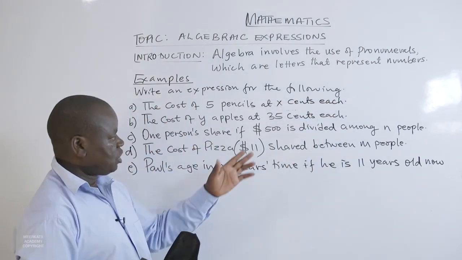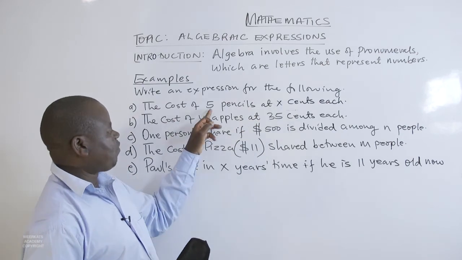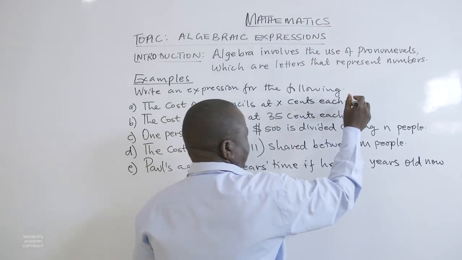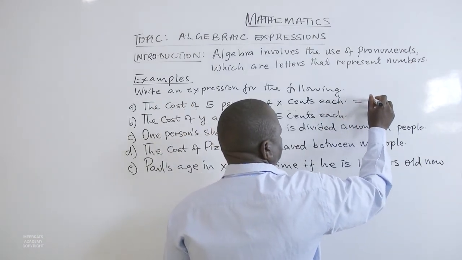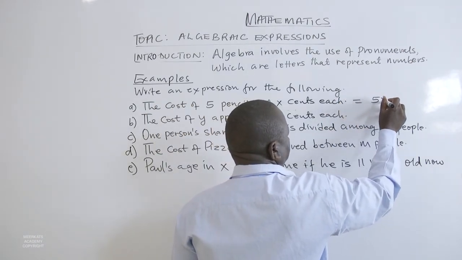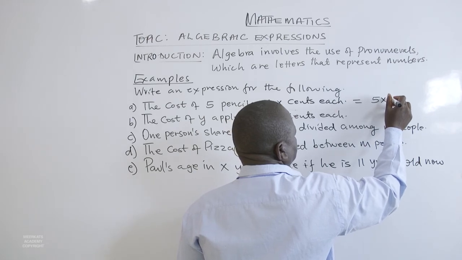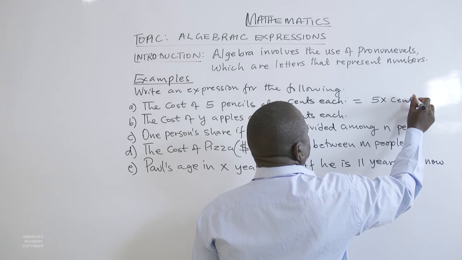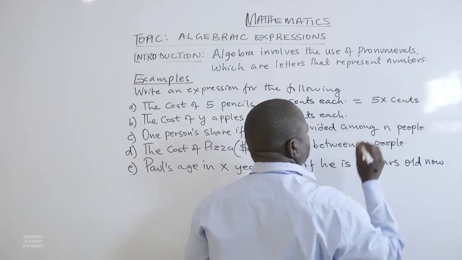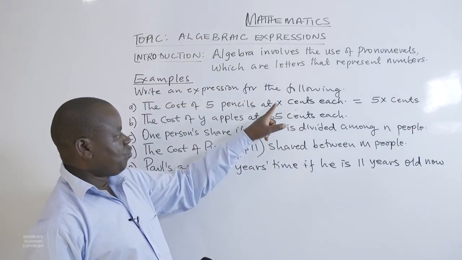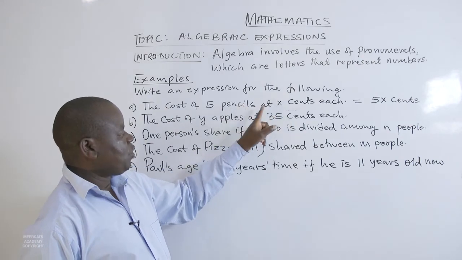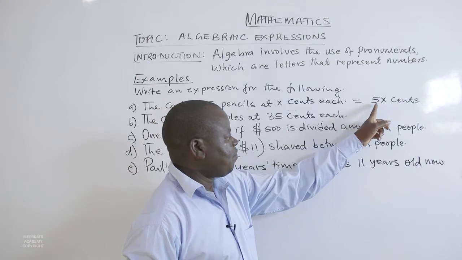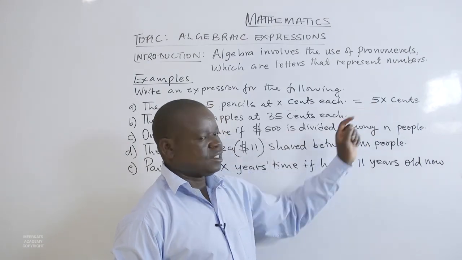One pencil costs X cents. So if they are 5 and one costs X, this will just be 5x cents. You multiply the cost of 1 pencil by 5, you get 5x cents, where 5 here is the coefficient, and x is our variable.